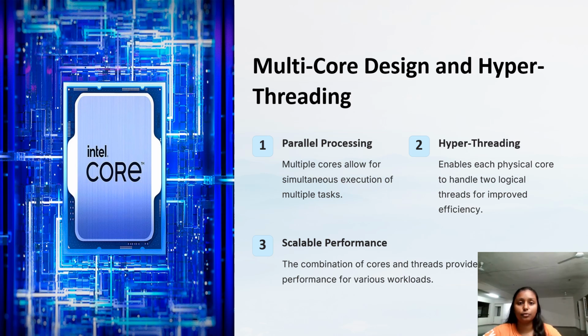This doubles the number of threads the CPU can handle, improving the processor's ability to manage multiple processes efficiently. For instance, a 4-core i5 processor with hyper-threading can handle 8 threads at once, effectively boosting multitasking and performance in applications that support parallel computing.